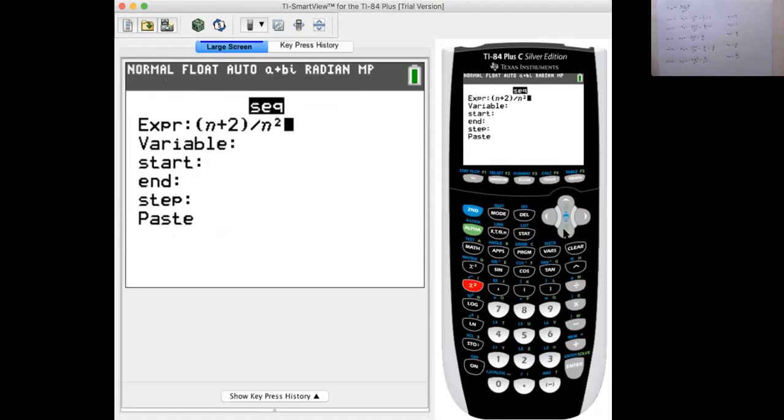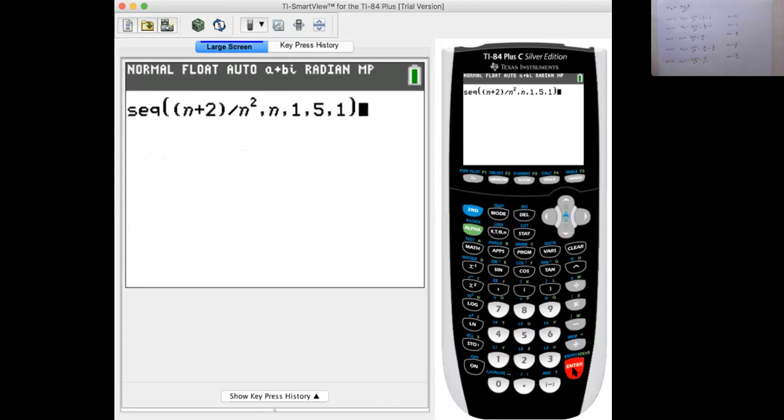My variable is n. I'm starting at 1, ending at 5. And we're stepping 1 each time. All this does is paste the information into the relevant line of code, and we get it there. So you could go directly to SEQ and plug that in.